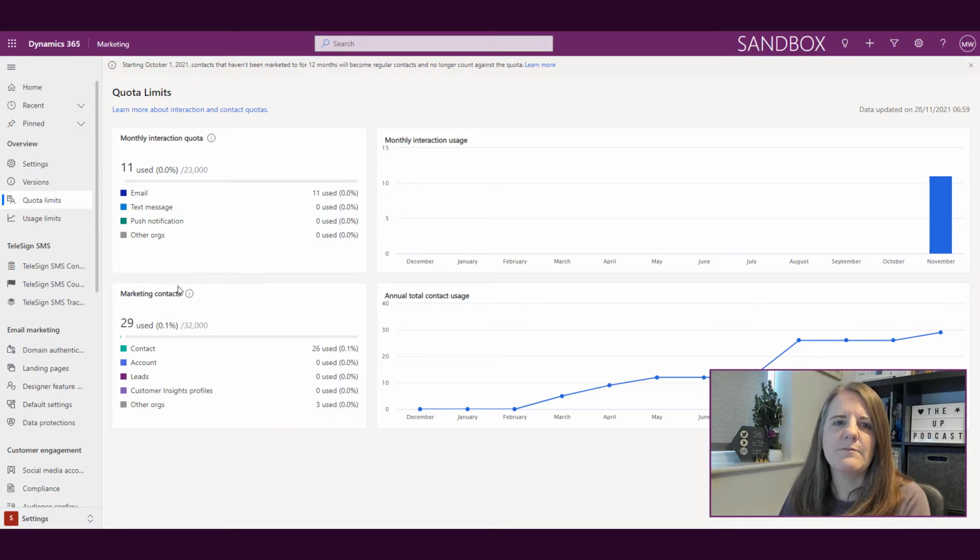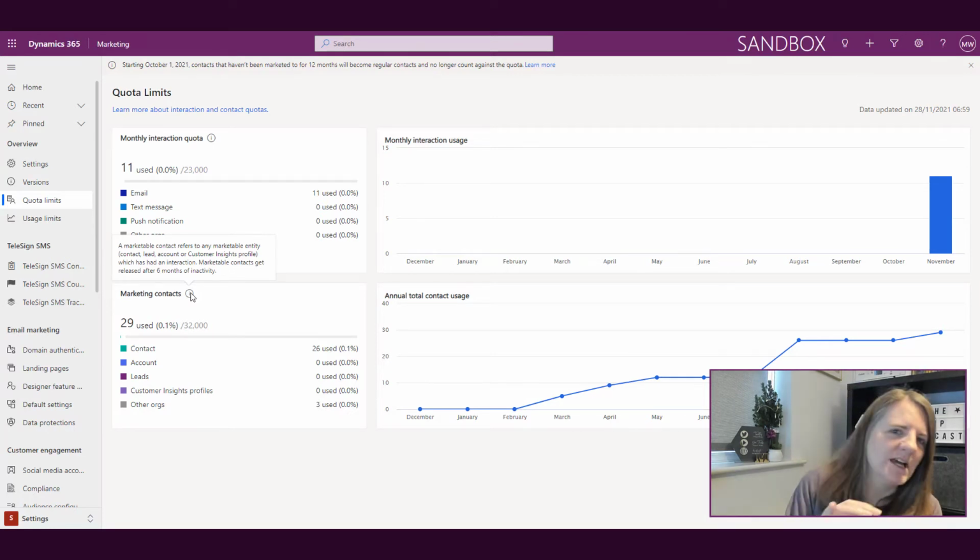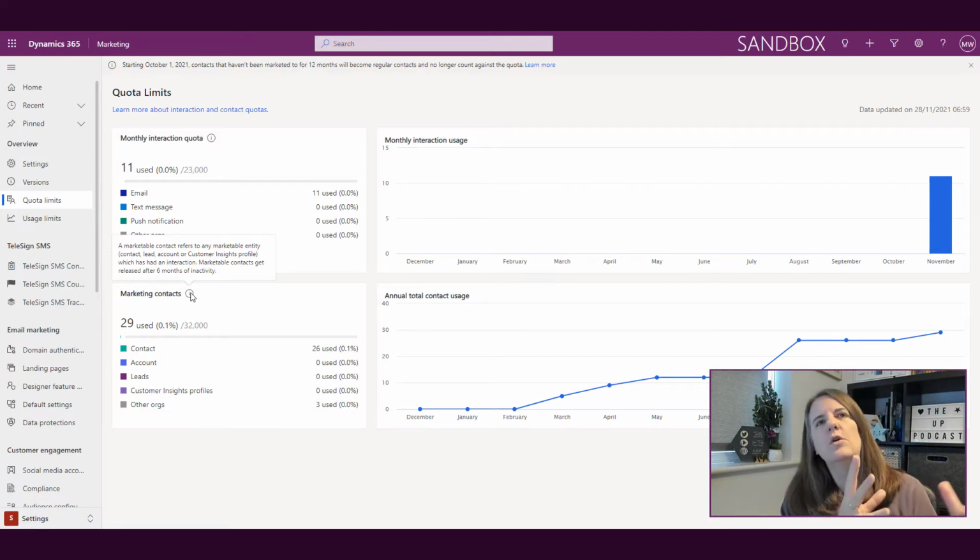Then if we look down at marketing contacts, now this I believe is a typo and someone's put this in wrong, because this is talking about the marketing contact or marketable contact. This is any marketing entity, contact, lead, account, or customer insights profile which has had an interaction. So we've talked before, or you should be aware, that so far it's only been contacts that you can actually send on a journey.